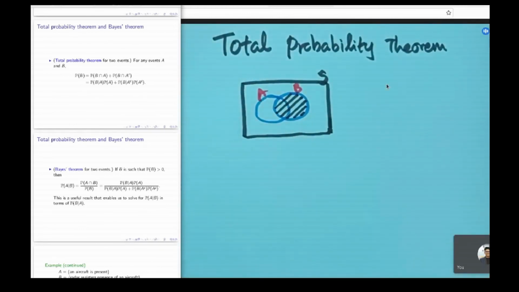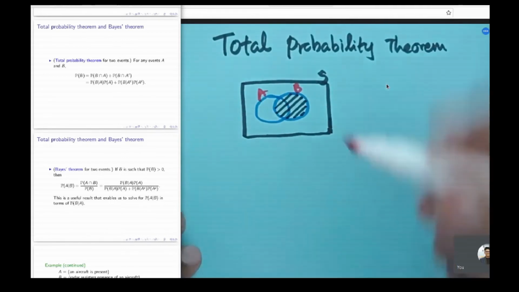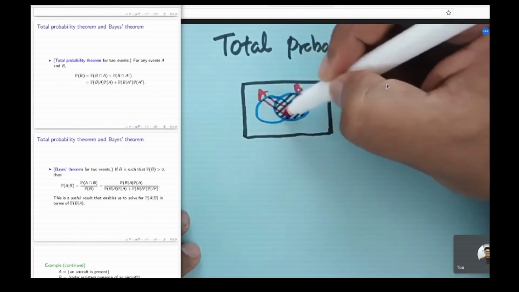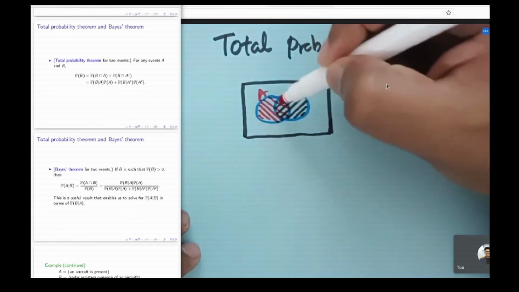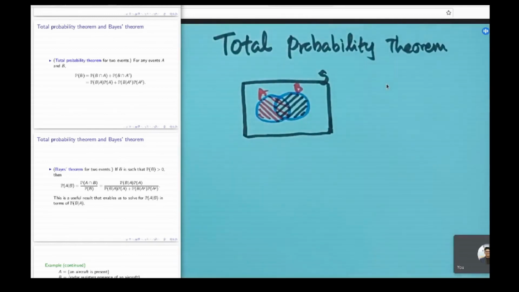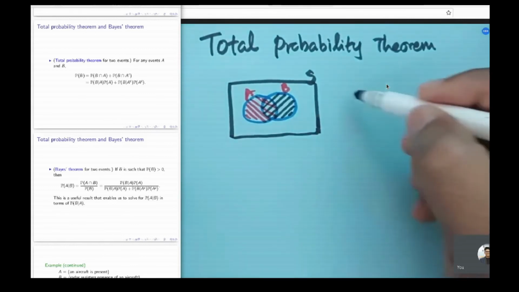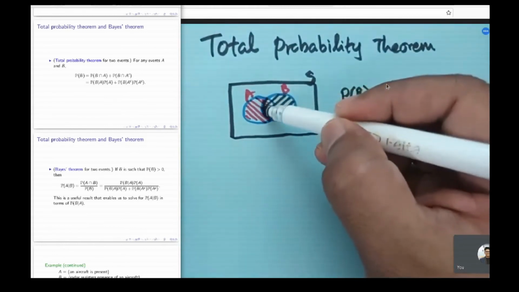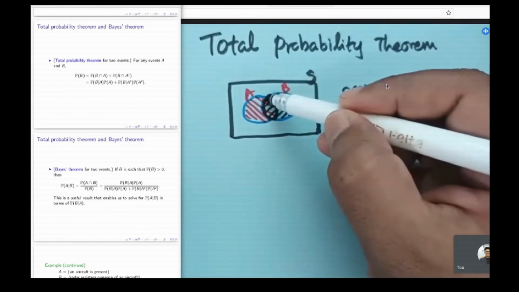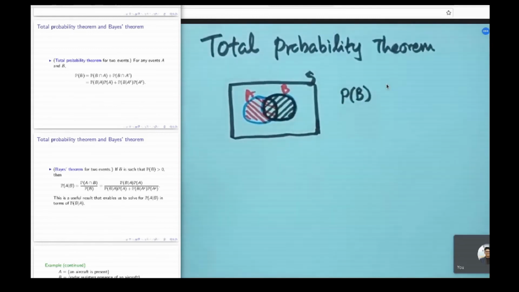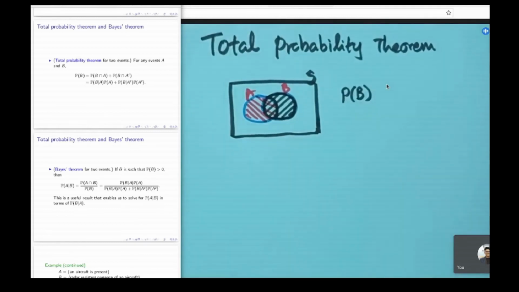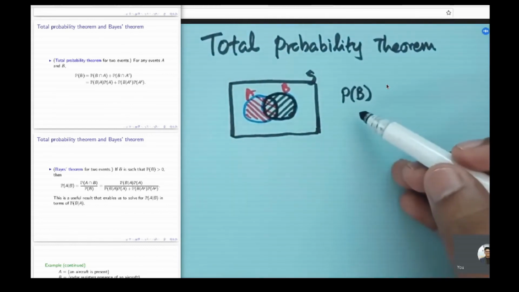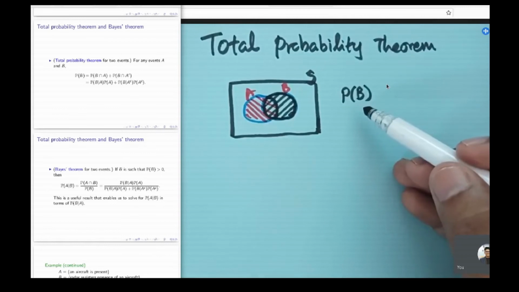If you look at the probability of A, so this is A. Now, if you were to write an equation for the probability of B, you should include this particular part and this little part to quantify or to assess the total probability. Okay, so total probability of B.